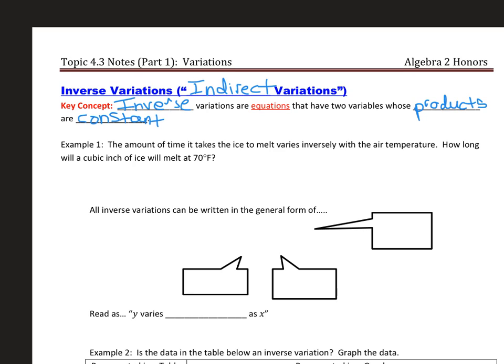One potential example here that I've given you is the amount of time it takes the ice to melt varies inversely with the air temperature. So just kind of think about if it's warmer out, then ice is going to melt faster. If it's cooler out, ice is going to melt slower. So we could take these words, varies inversely, and we can write a little model here.